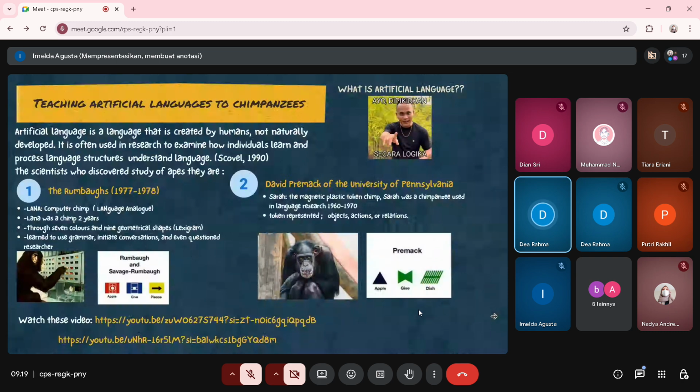She used magnetic plastic tokens. Different from Lana, who learned with lexigrams, Sarah used plastic tokens representing objects, actions or relations, such as apple, the sign with the triangle, gift, and dish. So this means Sarah needs a dish, apple dish. Next slide.